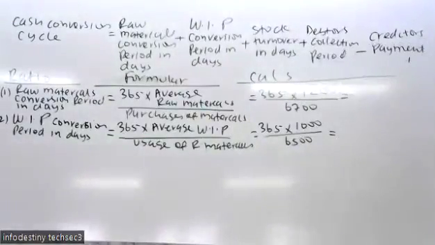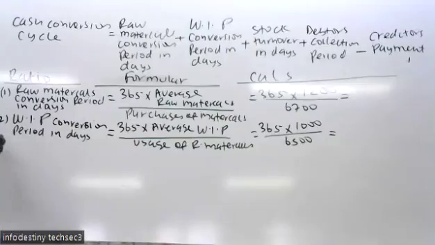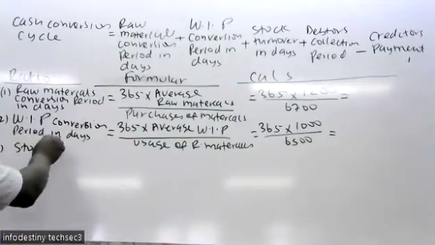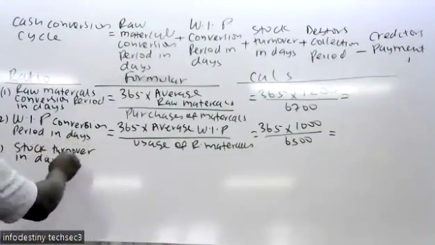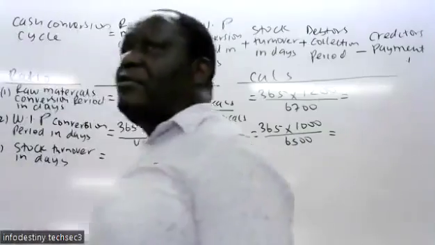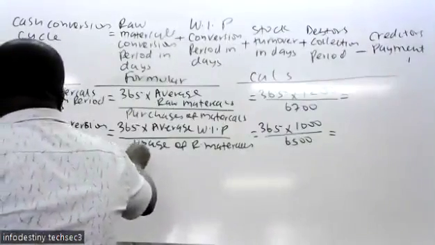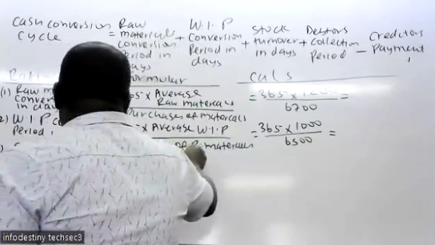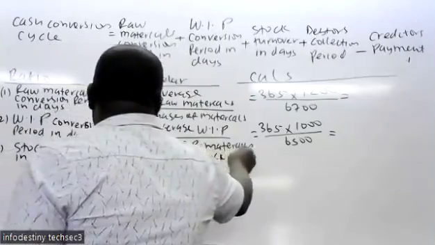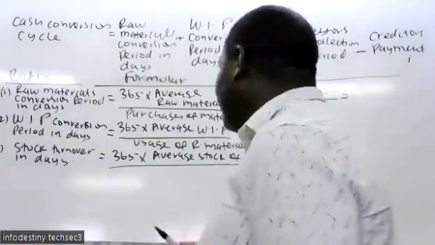So the next one, the third one, should be the stock turnover in days. When it comes to the stock turnover in days, we also take the 365 days multiplied by the average stock of the finished goods.